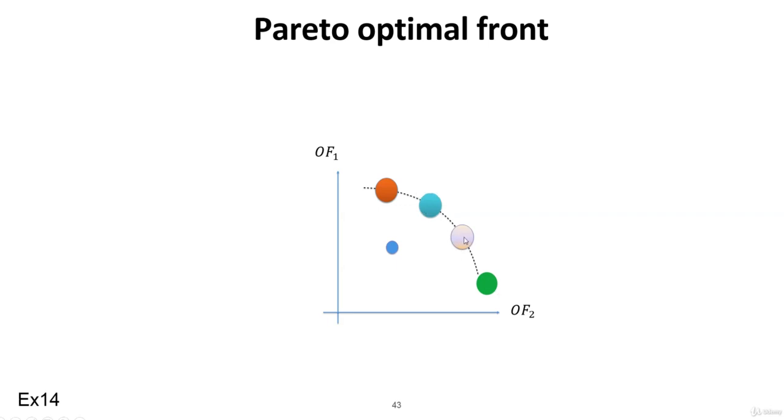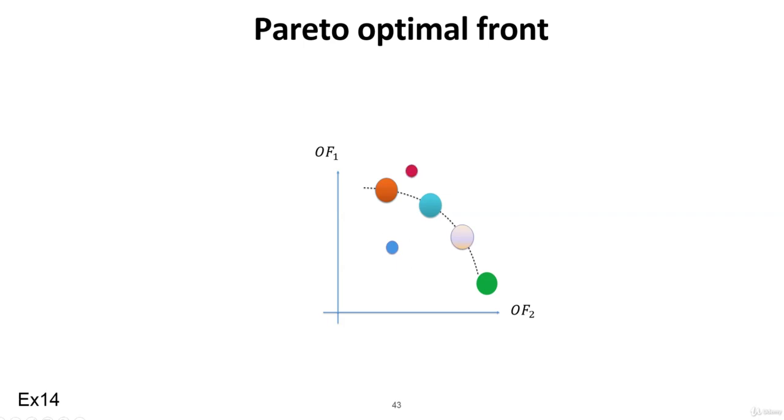The white one also has bigger OF1 and OF2, but the green one has a bigger OF2 but smaller OF1. So I can say that this solution is dominated by the blue one and the white one. If there is any solution that can dominate this one, then we have to eliminate it.